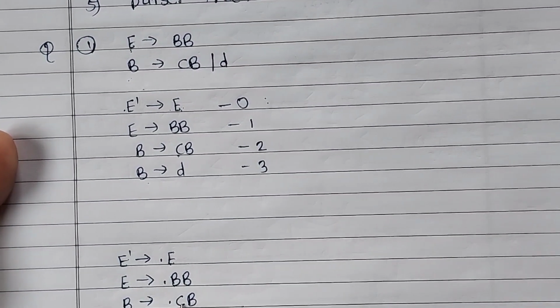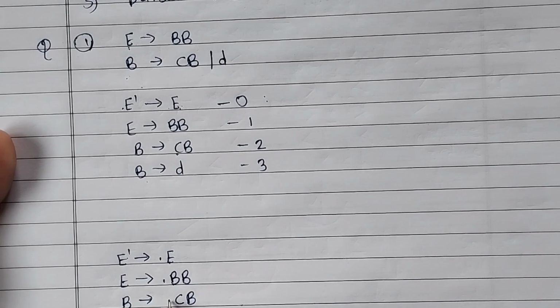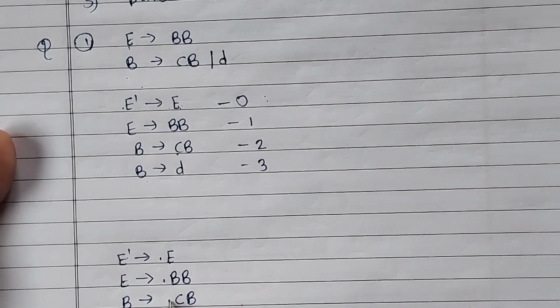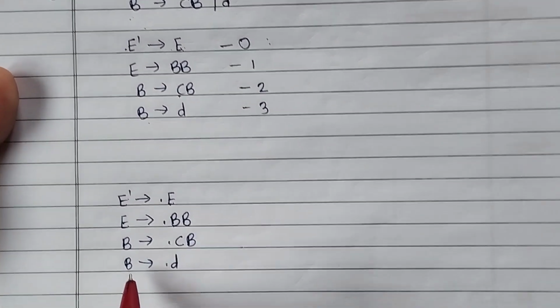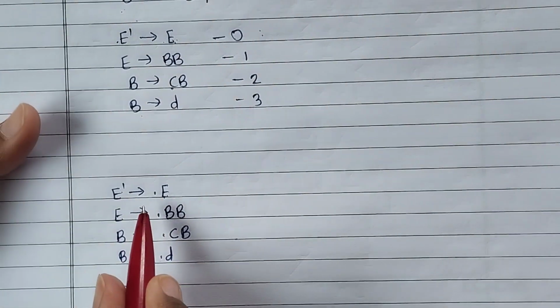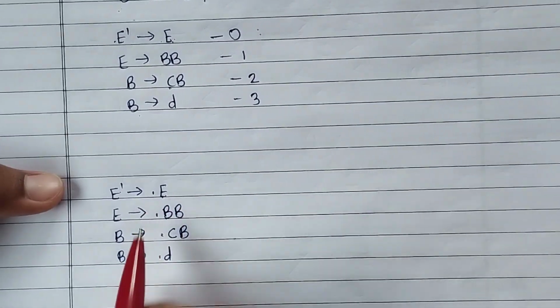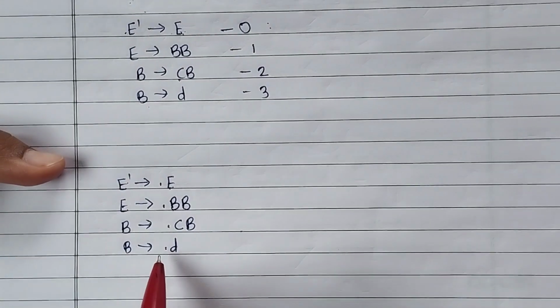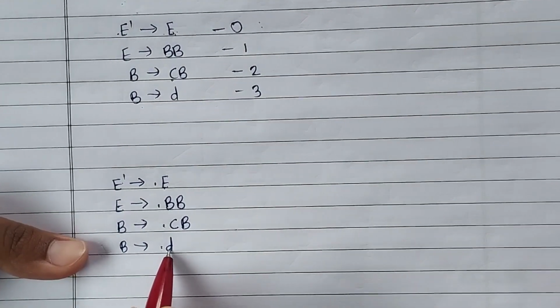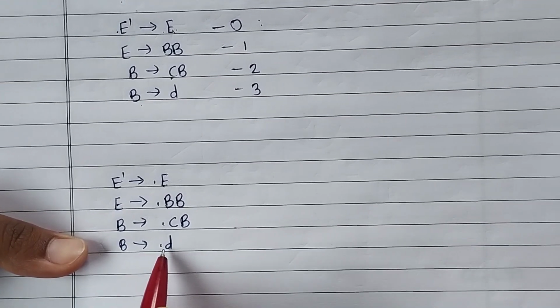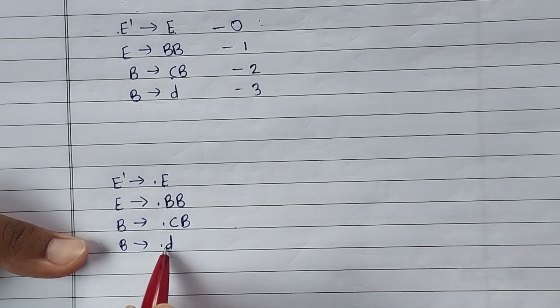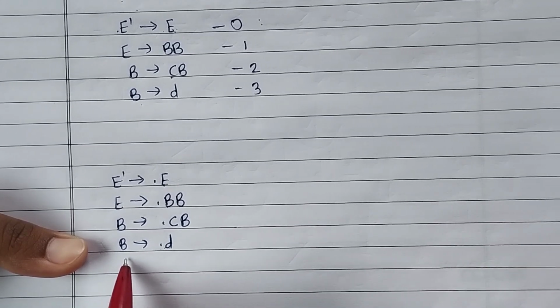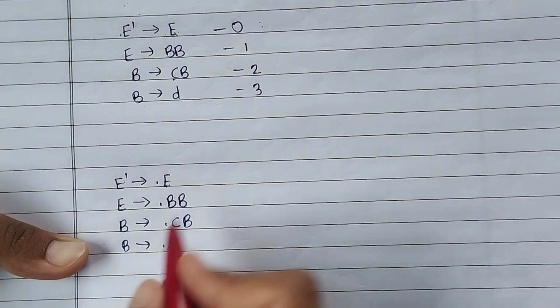If the grammar of C were present and the dot came before C, then we would write the grammar of C also. But here C is not present, so we stop. Similarly for .D, D is a terminal and the dot comes before the terminal, so we do not consider it again.